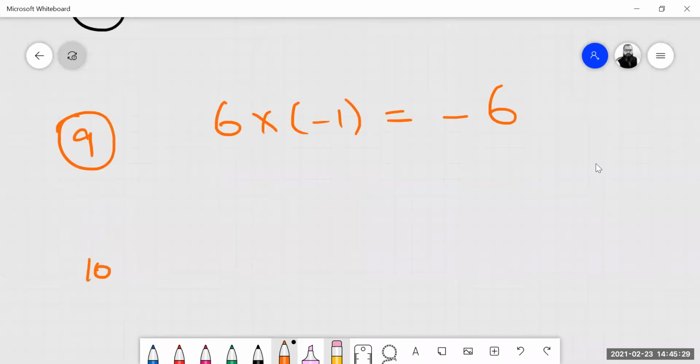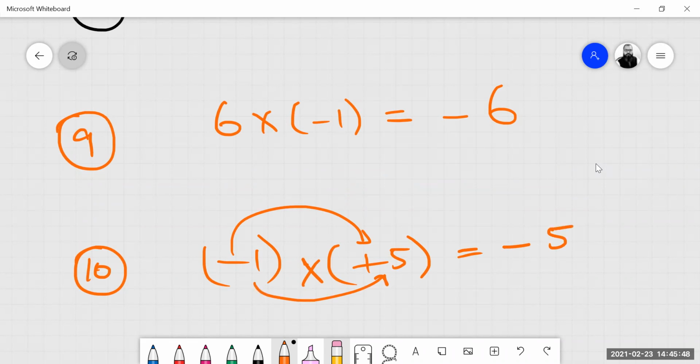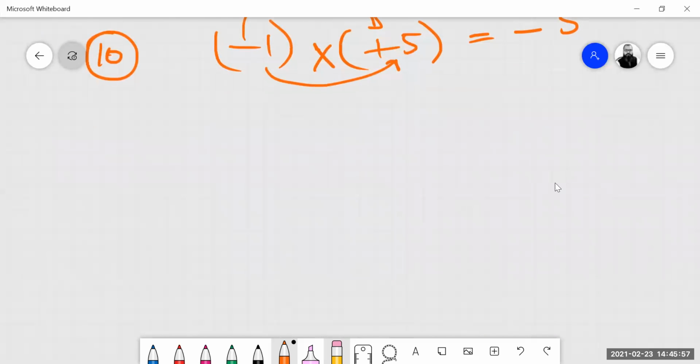Okay, number 10. Minus 1 multiply plus 5. This minus and plus become minus. 1 multiplied by 5 equals 5.